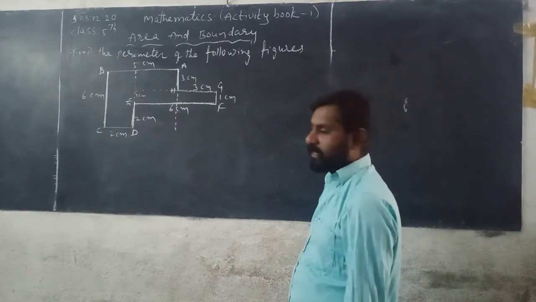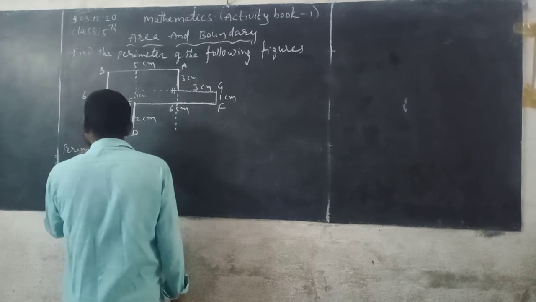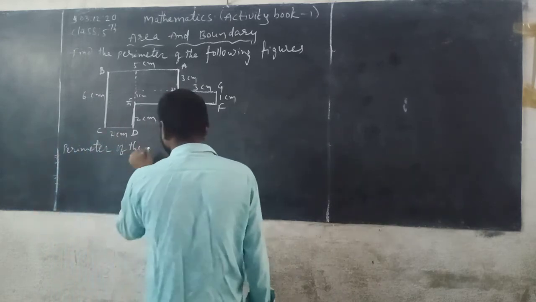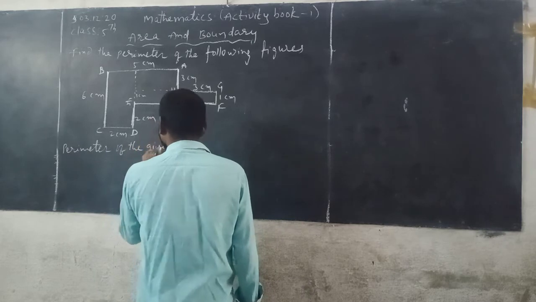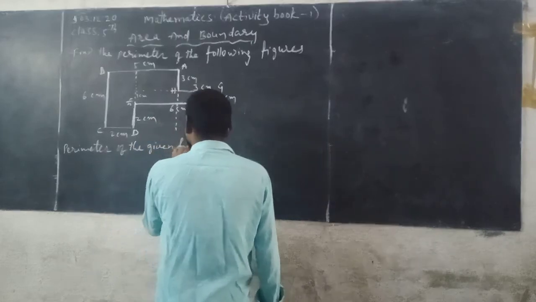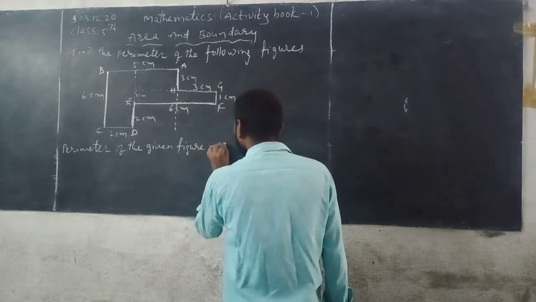3 centimeter. Write down here, perimeter of the given shape, given figure, is equal to sum of the sides.